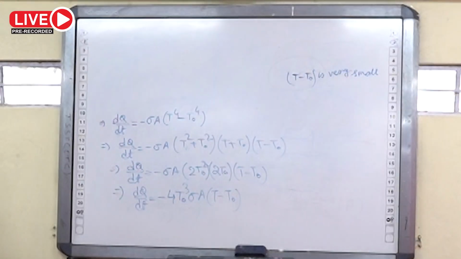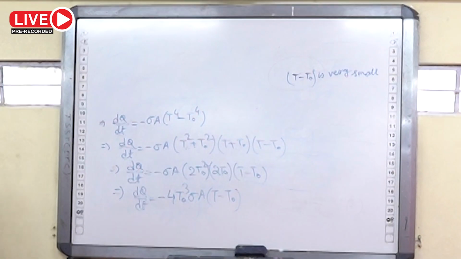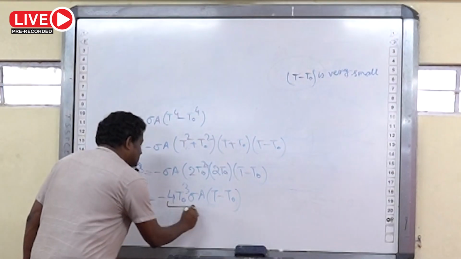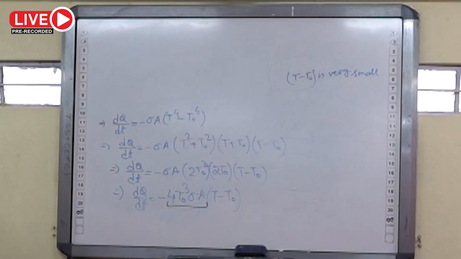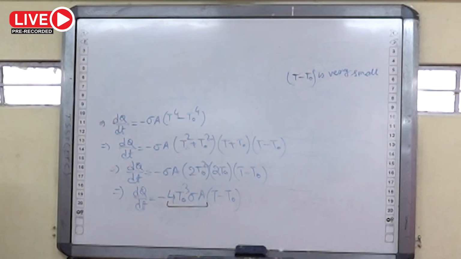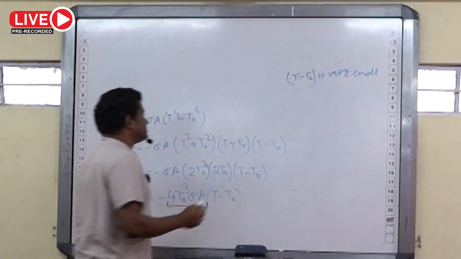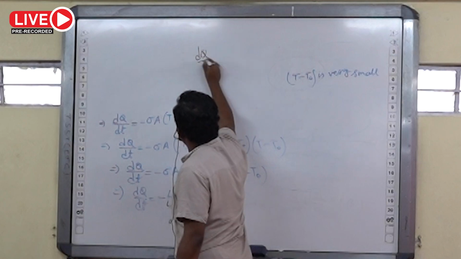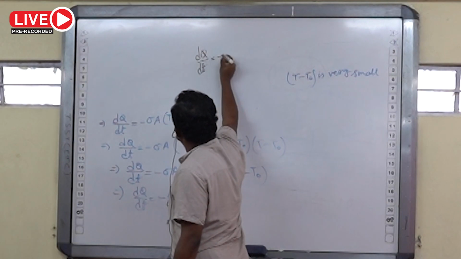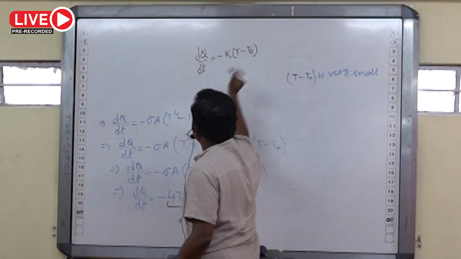Now T naught is the surrounding temperature, so that is constant. So write this entire thing as a constant, and then you get dQ/dt equal to minus some constant k into (T minus T naught), which is Newton's law of cooling.